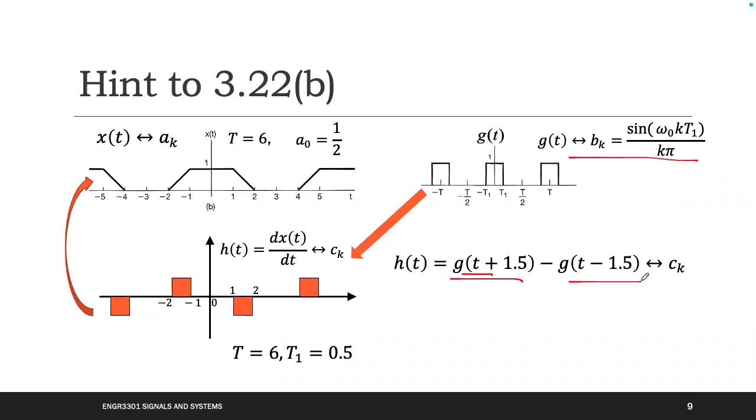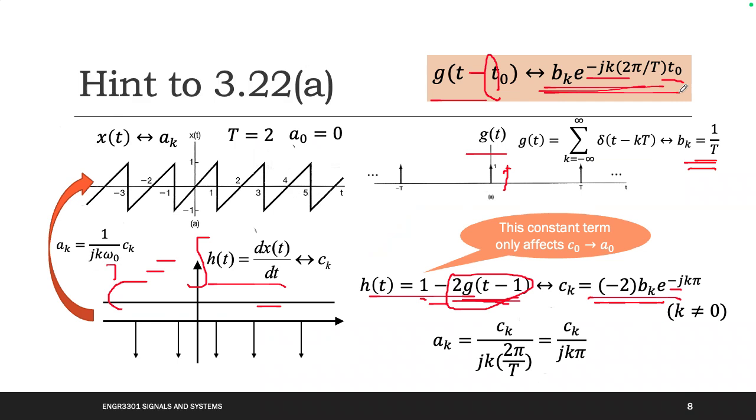And if we want to find the a_k, you just divide by this one, because this is just integrated back. So a_k equals c_k divided by this one. For the c_k, you just use this property.